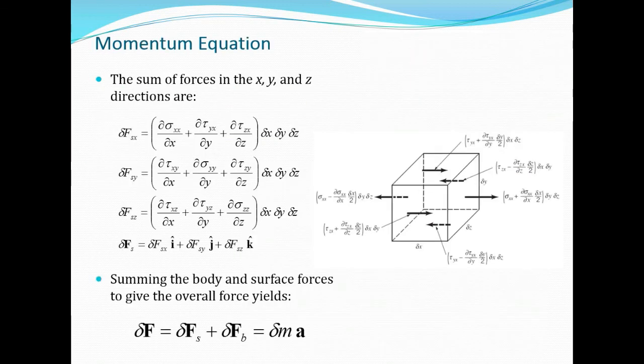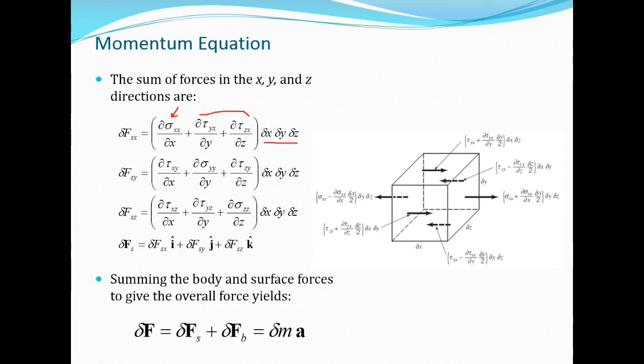If we look at the sum of the forces in the x, y, z direction, I know this gets pretty busy, but let's just focus on the x direction. We have the normal force, sigma xx, acting on the x face, and we have shear happening on two of the sides, and then we have the differential volume.